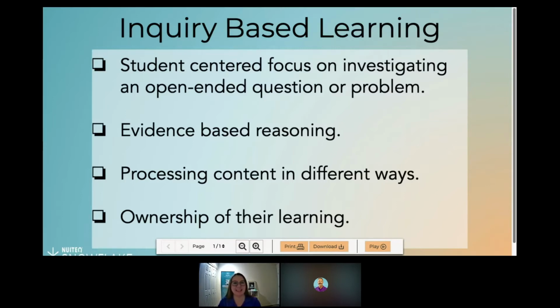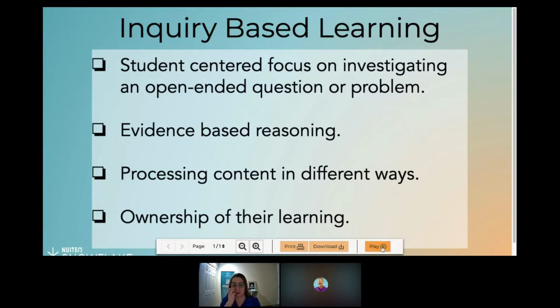So that tenacity of wanting to really make sure that they're following through with everything that they're trying to achieve in the inquiry assignment itself. And then they also will get a lot of that pride of having successfully solved their problem or answered their question because it's something that becomes more meaningful for those students.